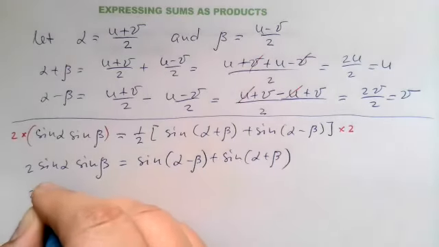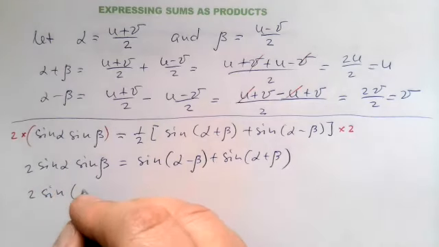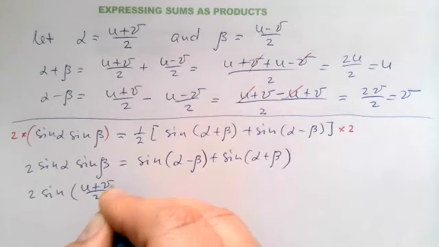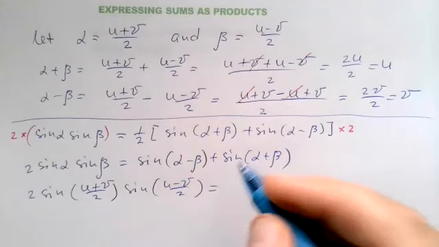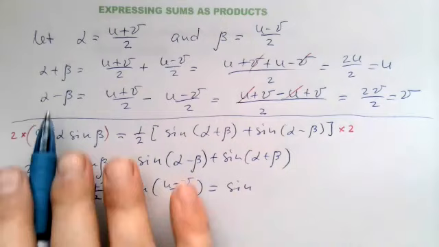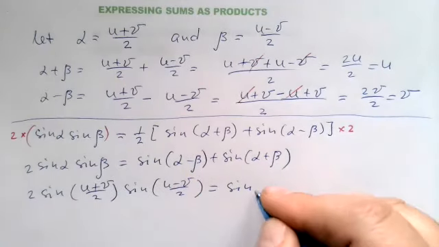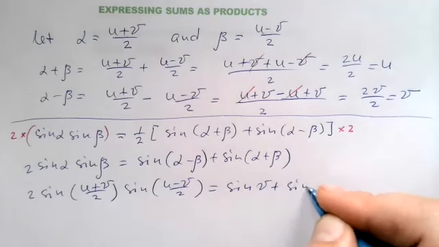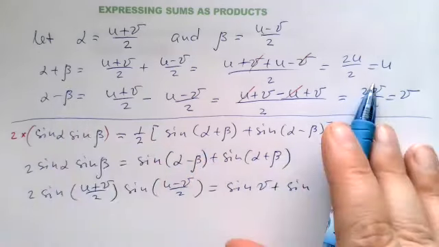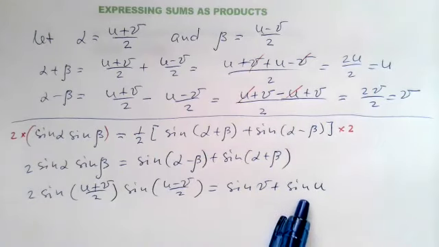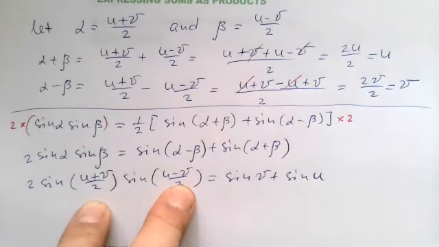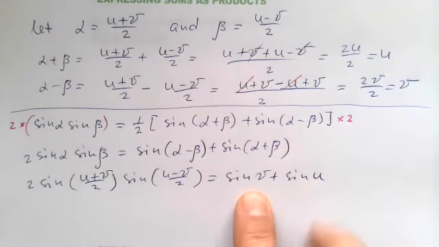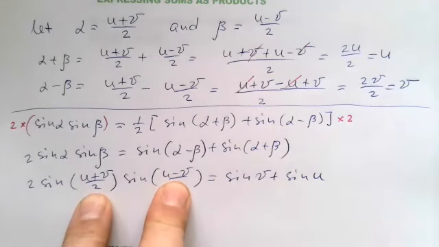We have 2 sine of (U plus V) over 2 times sine of (U minus V) over 2 equals sine of alpha minus beta, which is just V, and sine of alpha plus beta, which is just U. So we have a formula that turns a sum of the sines of two angles into a product of sines of those two angles.